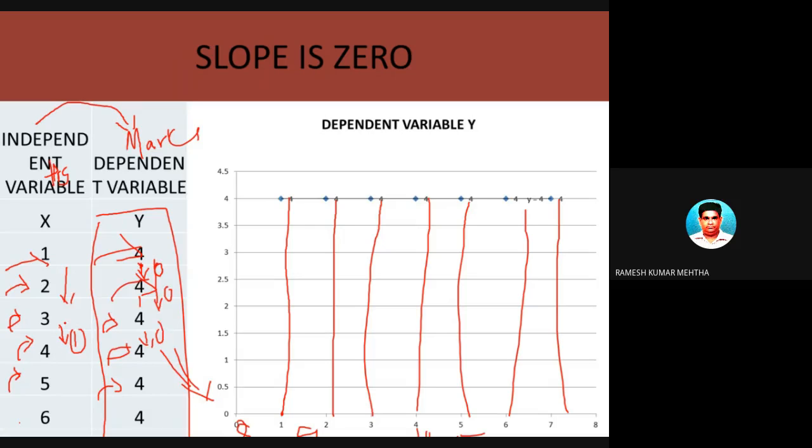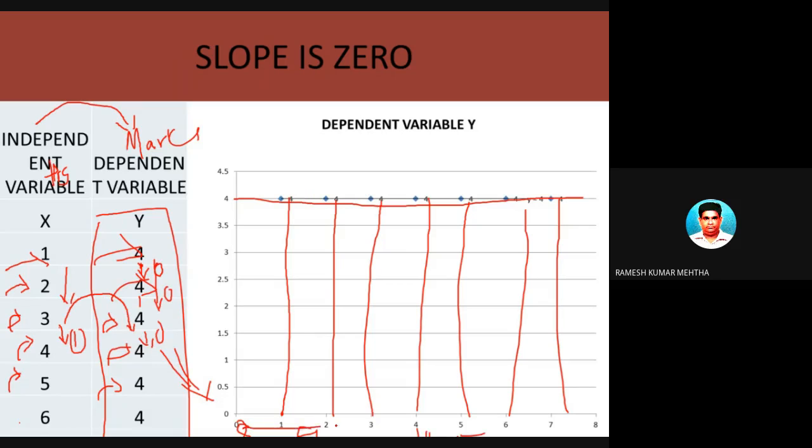Means the number of hours studied is not influencing the dependent variable, which is marks. So any change in the independent variable doesn't explain or influence the dependent variable, marks. When I plot this as a graphical presentation, in a pictorial diagram, I will get a line like this.